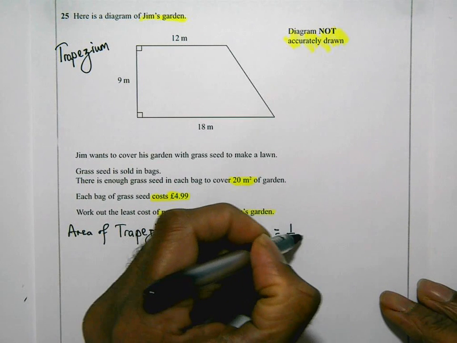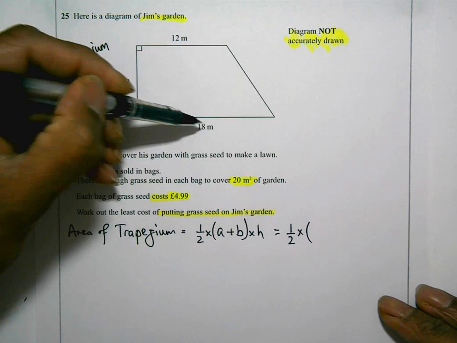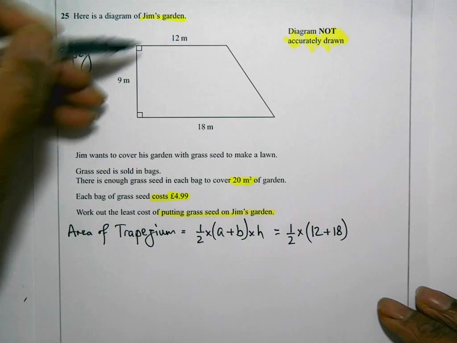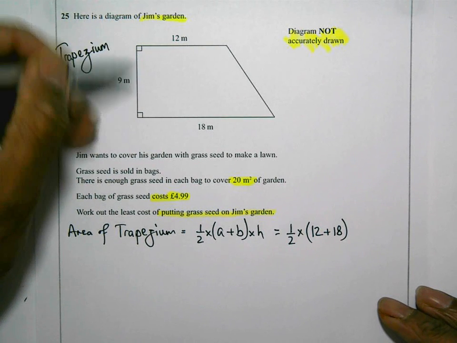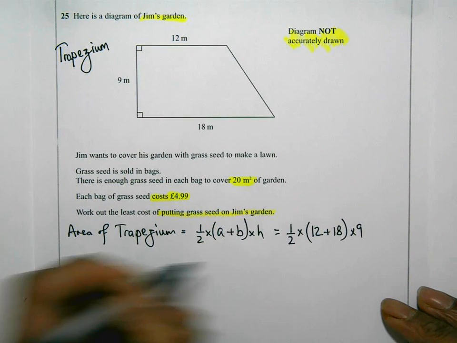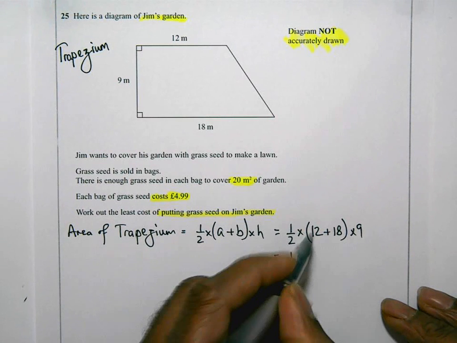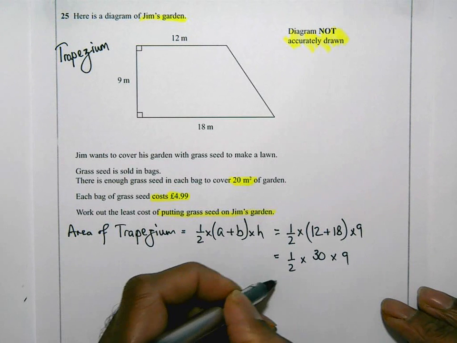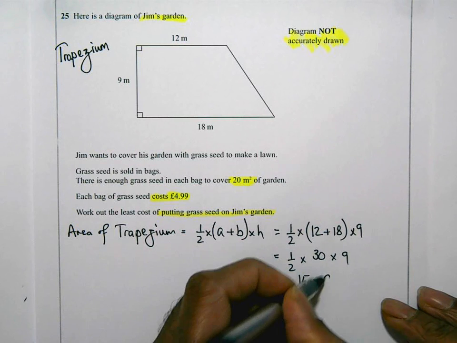A and B are the parallel sides, so it's 12 add 18, and then I'm going to times by the height, the distance between the parallel sides, which is 9. Breaking that up into stages, a half of 12 plus 18 is 30, then times 9, and a half of 30 is 15, and I now need to times 15 by 9.